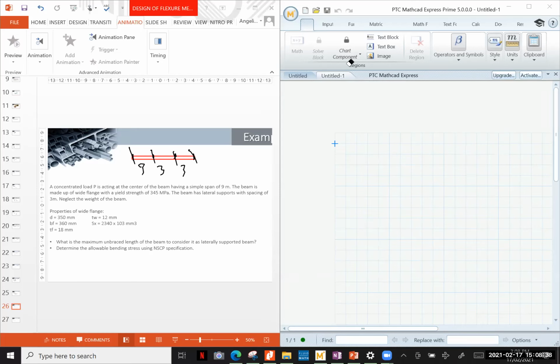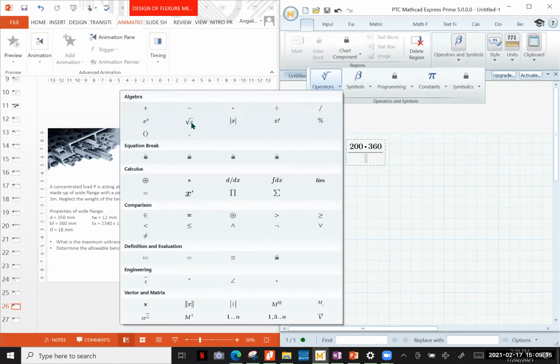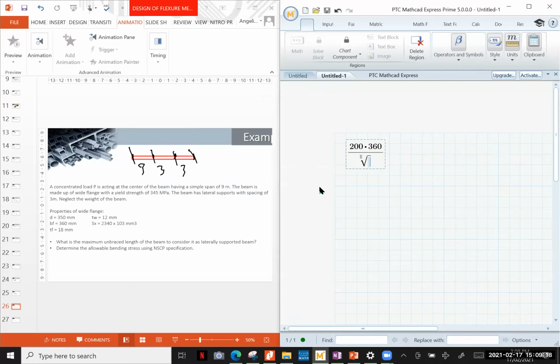Ang LC natin, di ba, 200 BF over square root of Fy. 200 times your BF, 360, divided by square root of Fy, ang Fy natin is 345.